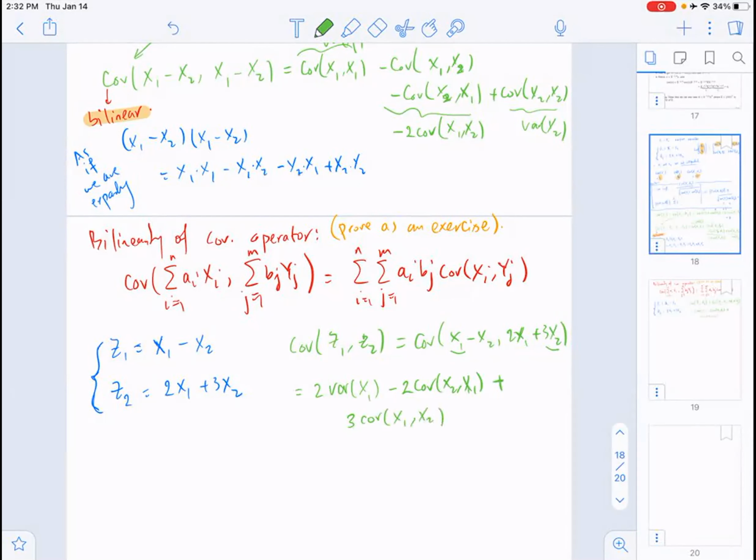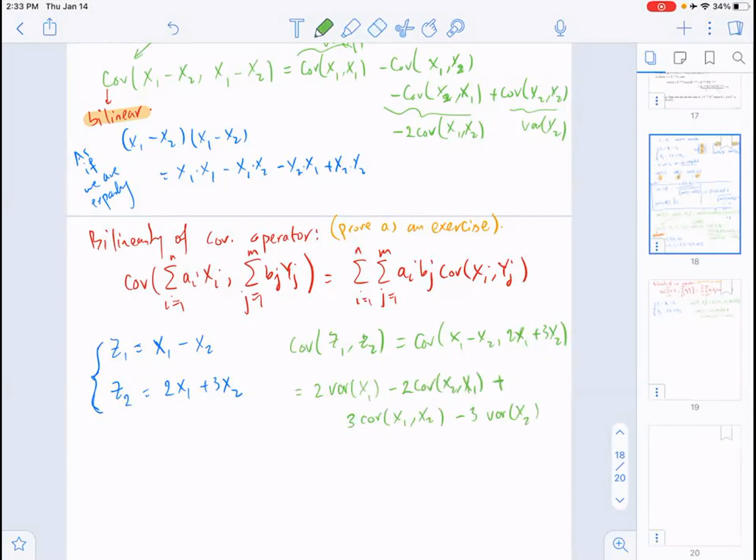And minus 3 variance of x2, the covariance of x2 with itself, which is these two terms. So you just expand as if you're multiplying two polynomials.